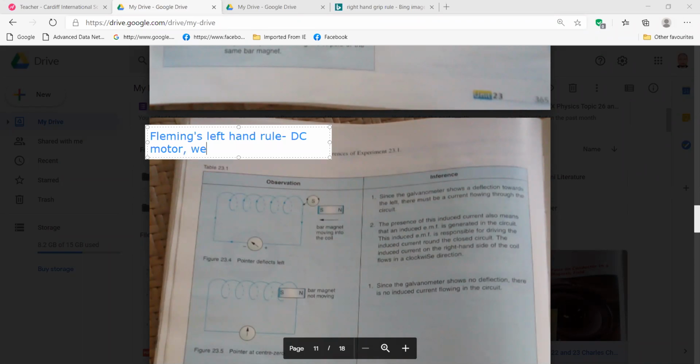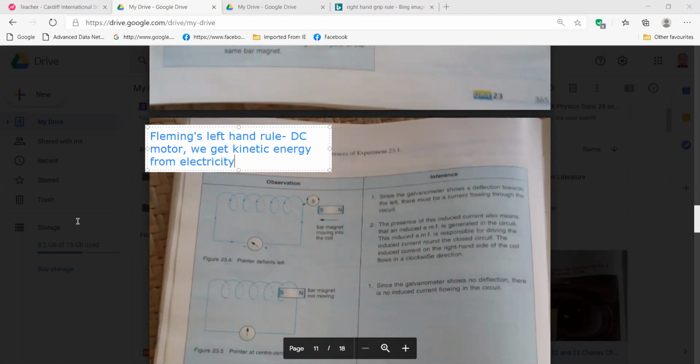We get kinetic energy from electricity. Okay, this is Fleming's left hand rule.